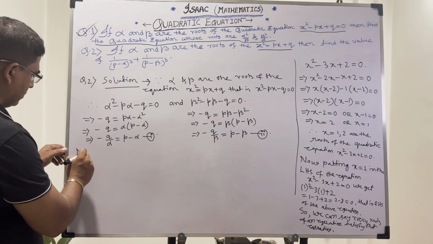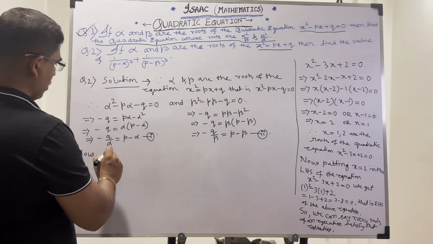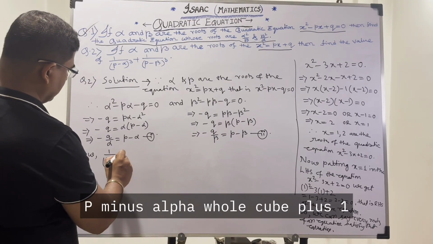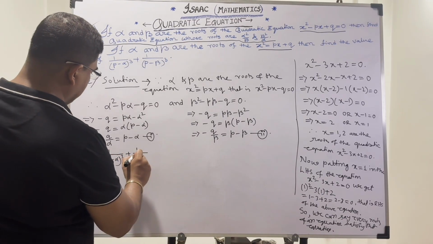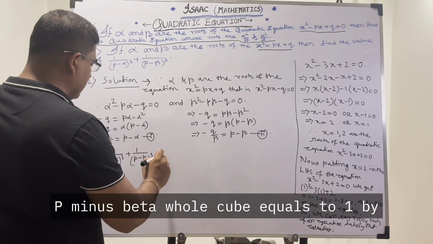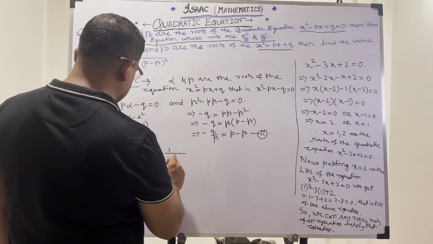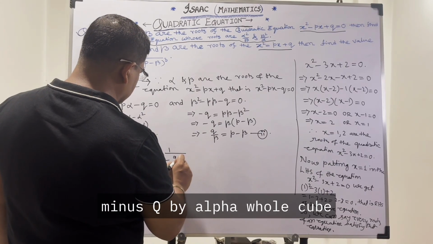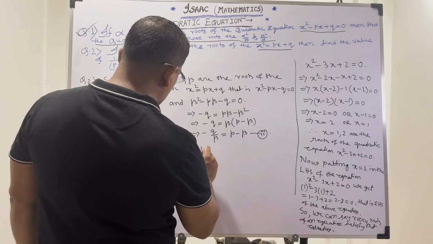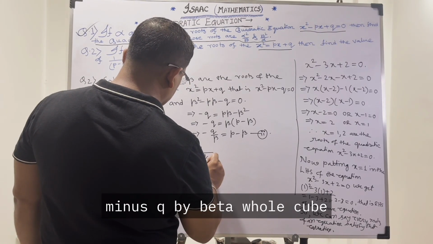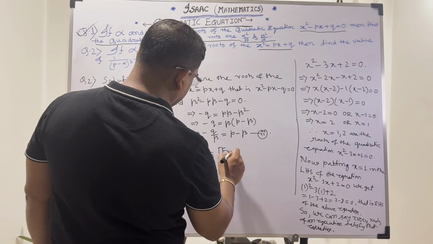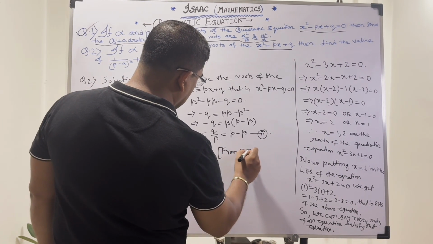Now 1 by p minus alpha whole cube plus 1 by p minus beta whole cube equals 1 by minus q by alpha whole cube plus 1 by minus q by beta whole cube, from 1 and 2.